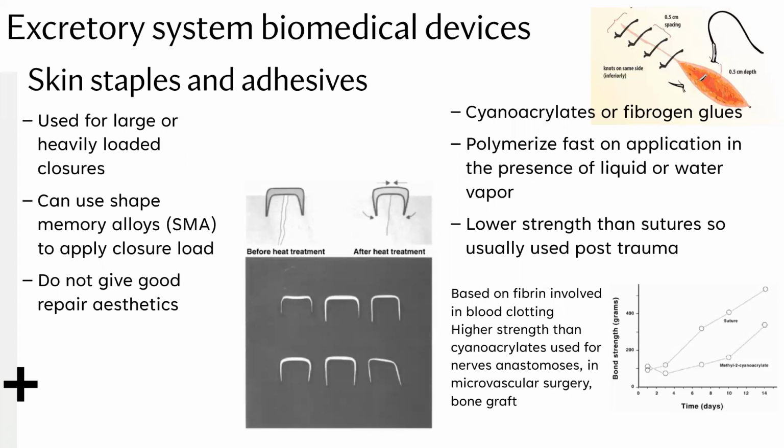But the solution space for the problem doesn't end there. As I mentioned, you also have those adhesive strips, or in the case of the glue, a material to coat the wound region. But you also have solutions such as staples. And these skin staples are for when you are facing a very large, very deep tissue scar.